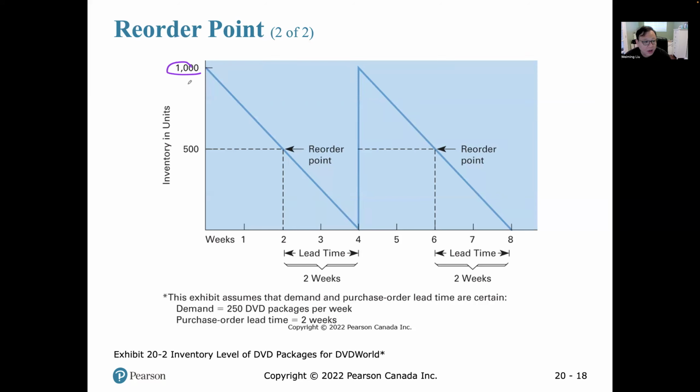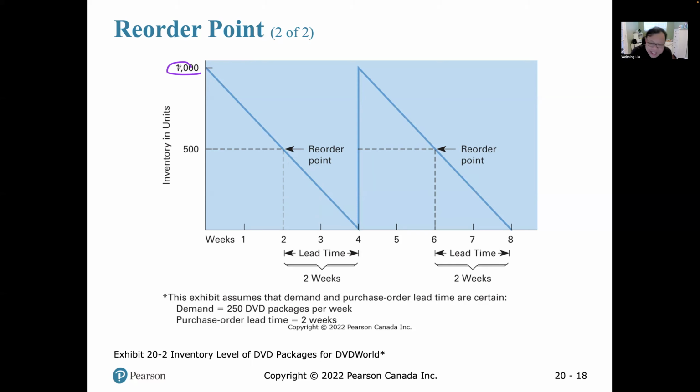I will sell the total 1,000 units. So this scenario tells me in 4 weeks, I will sell the 1,000 units. So on average, each week, I'm selling 250 units, right? In 4 weeks, I'm selling the 1,000 units, and my inventory level is 0.